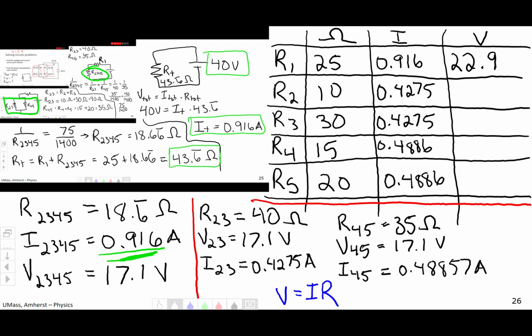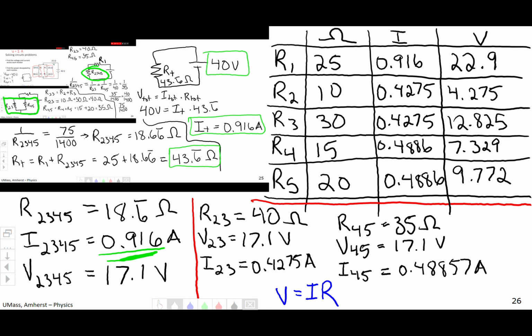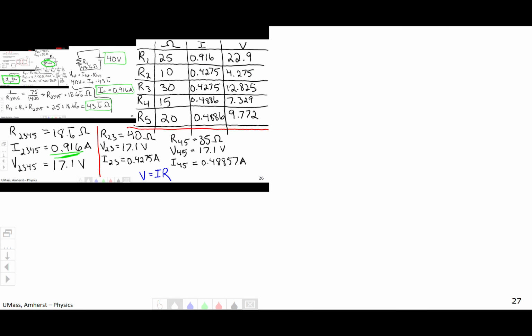So we're just going to multiply across. 10 times 0.4275 is 4.275. 30 times 0.4275 is 12.825. 15 times 0.4886 is 7.329. And 20 times 0.4886 is 9.772.